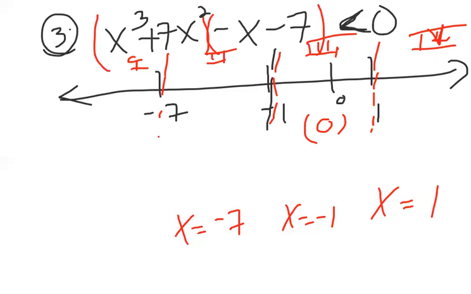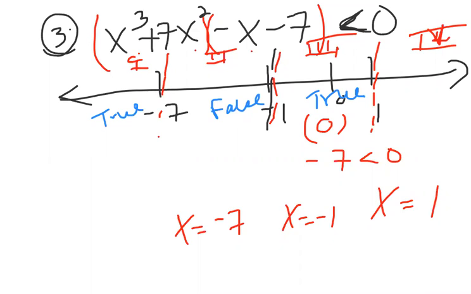When we plug that 0 in, we're going to end up with 0 here, 0 here, 0 here. So we'll end up with -7 is less than 0. Is -7 less than 0? Absolutely true. So that means that this region right here is true. Since the truth values are alternating, this region is false. This region is true.